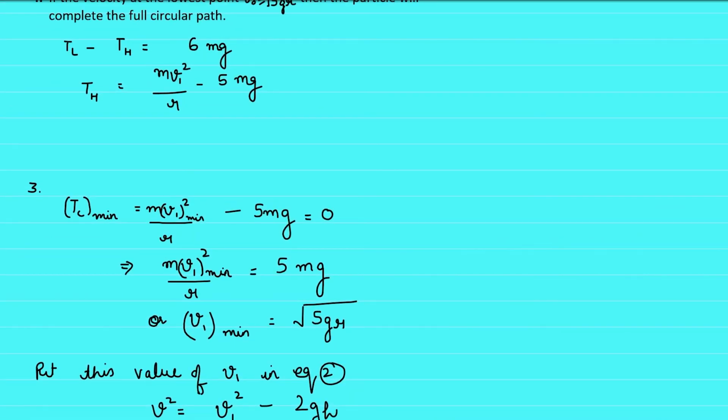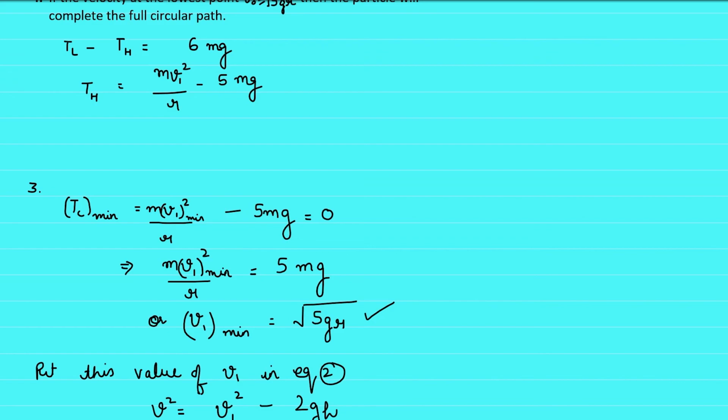We get the minimum velocity with which the particle should be launched at the lowest point. So you can see when you equate the tension at the highest point to 0, we get the initial velocity, that is the velocity at the lowest point, as equal to under root of 5gr. So what does it indicate?